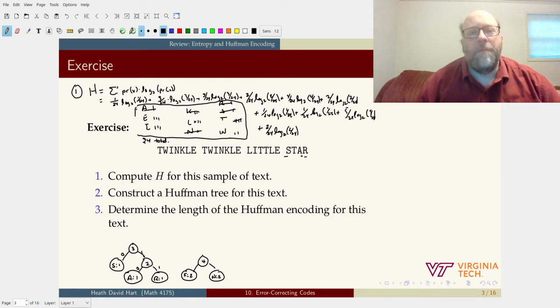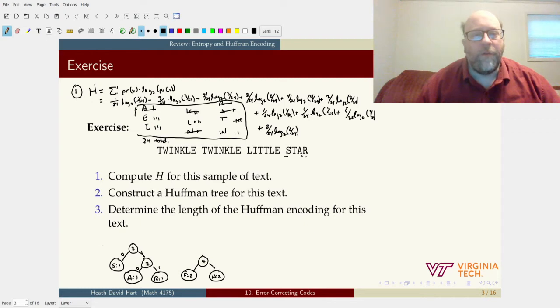I still have a W with a weight of 2, and it has to combine with something that has a weight of 3, because there's nothing else left with a weight of 2. So I have a 3-way tie with 3s: E and I, and then this node here that's a parent of S and grandparent of A and R. So I'm going to go ahead and use this one here.